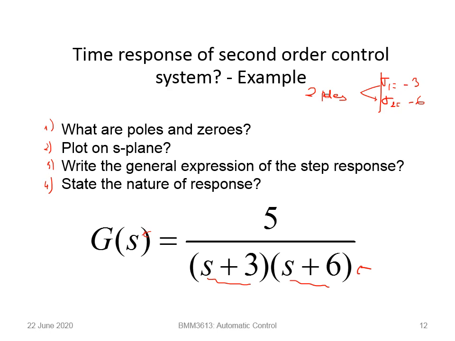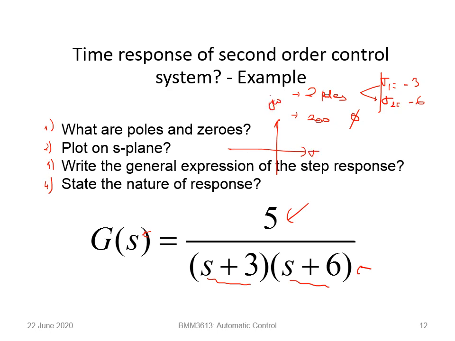Second one, plot our poles and zeros on the S-plane. So again, I forgot about zeros. There are 2 poles. What about zeros? There are no zeros, because there is no value of s that could make this transfer function zero, because there is no s on top of this transfer function. Okay, so now next question, plot on the S-plane. Again, the S-plane is this two-dimensional plane of sigma and j omega.